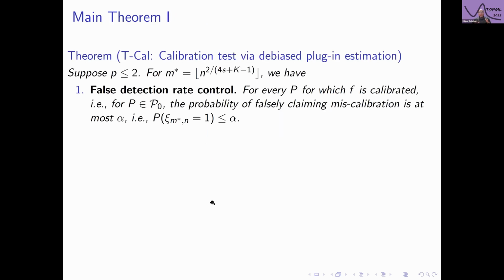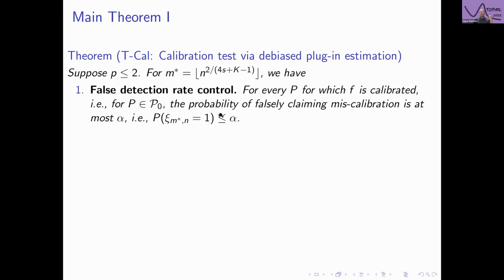Okay, so our first main theoretical result is that if we choose the number of bins appropriately in this particular form, where n is the sample size, S is the known smoothness, and K is the number of classes, then with the test statistic on the previous slide, our method, which we call TCal, controls the type 1 error, the false detection rate.